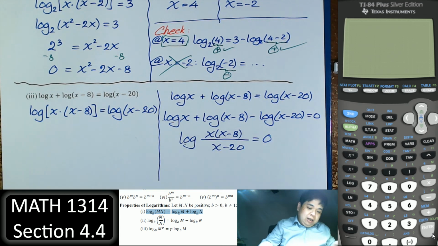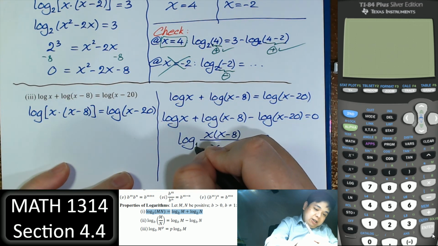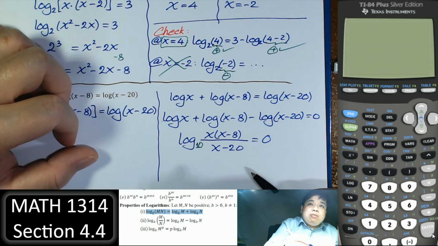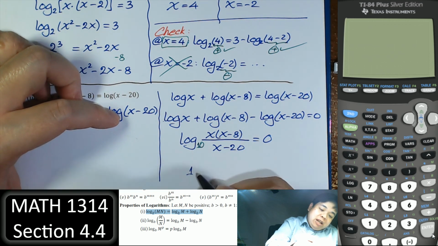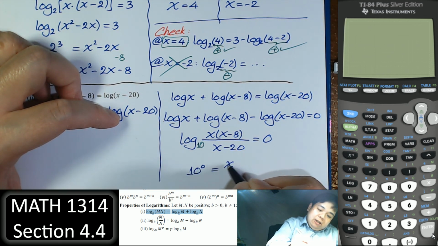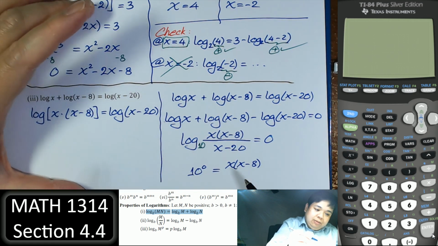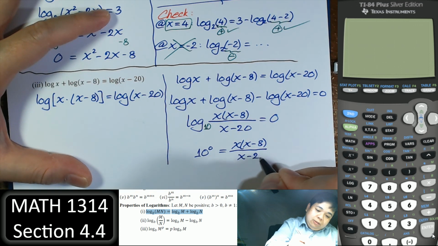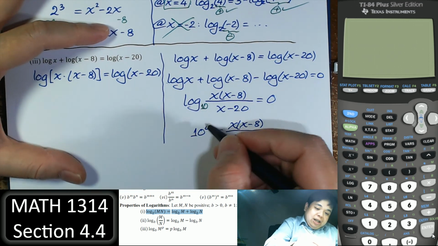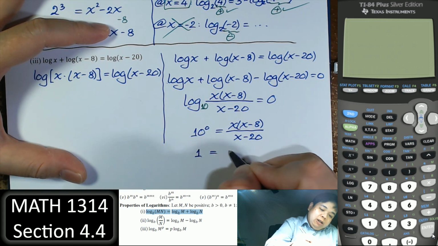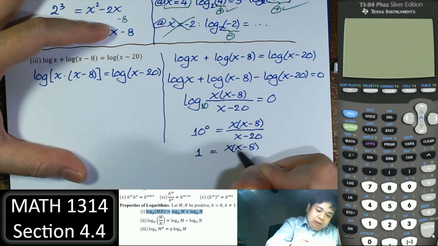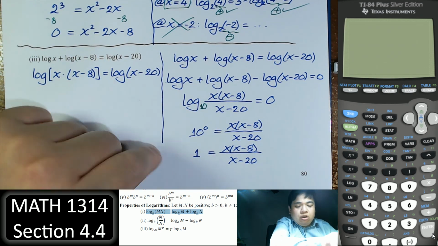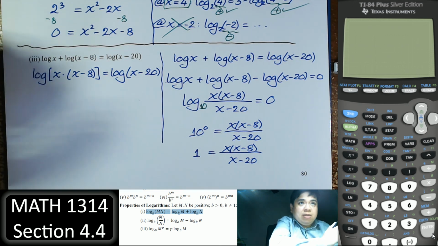Now by default, common log is base 10, and so from here we can swap this to exponential form, base 10. 10 to the 0 power is 1. So we certainly can do this to solve for x that way, because we cross multiply and the rest.